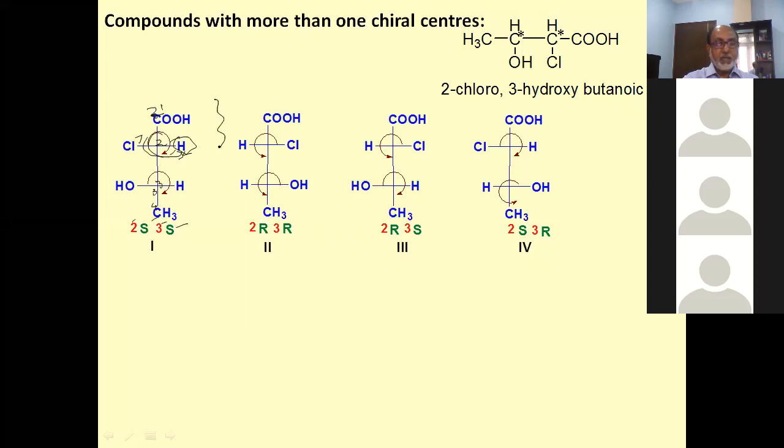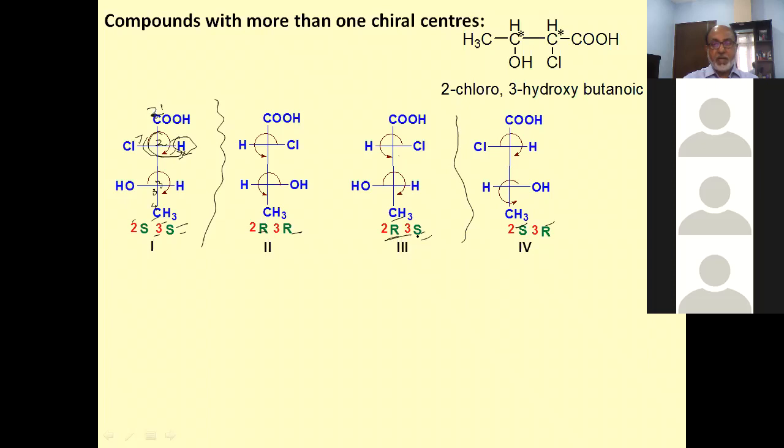And this is its mirror image structure. So if they are SS, this should be RR. And here, this is R, this is S, and the other is going to be S and R. And they are mirror image structures. 3 and 4 are the mirror images.